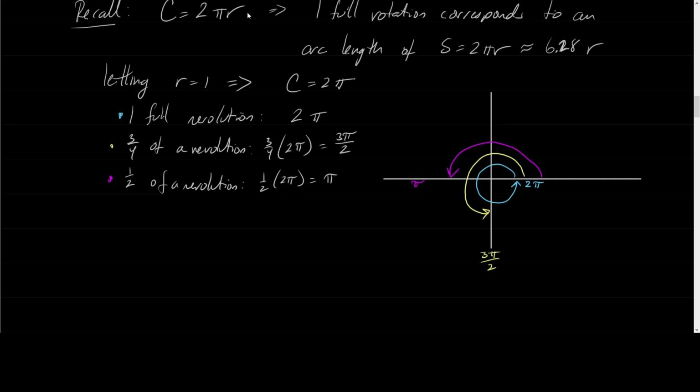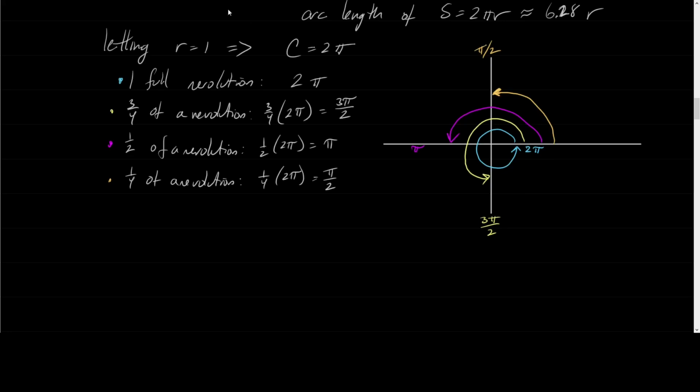If I did 1/4 of a revolution, that would be 1/4 of 2 pi being pi over 2. So 1/4 of a revolution up to here is pi over 2.